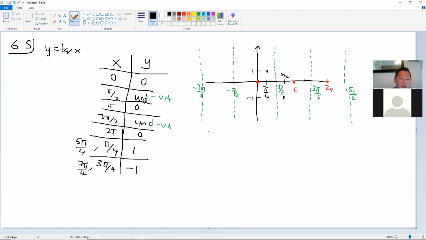And then at 5 pi over 4, which is over here, you will get back 1. And then 7 pi over 4, which is in between the 2 pi and the green line, you will get -1.